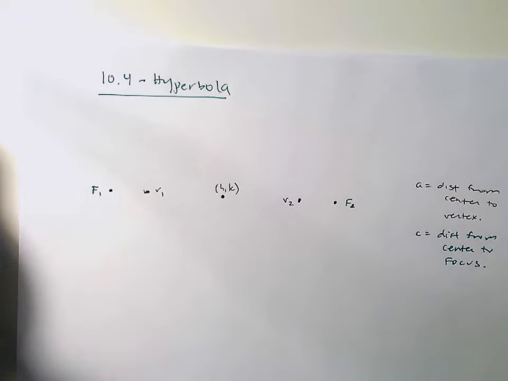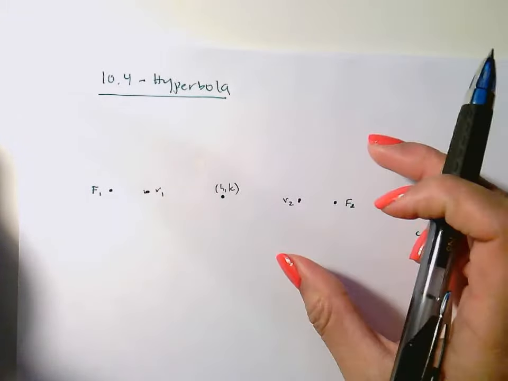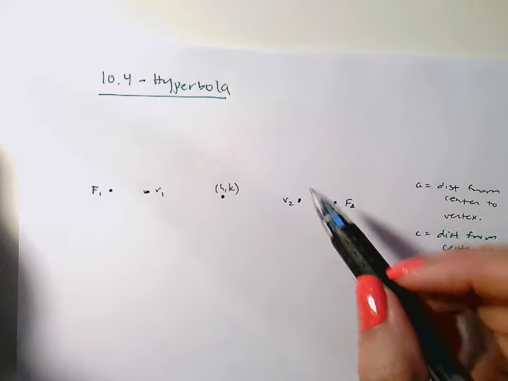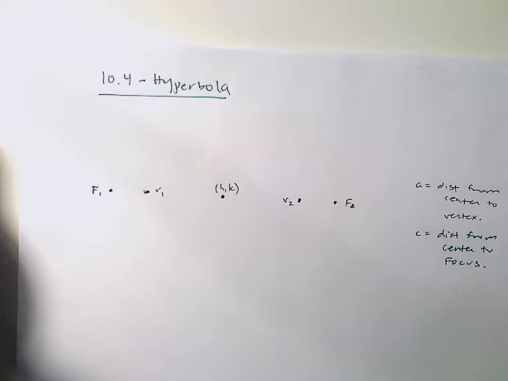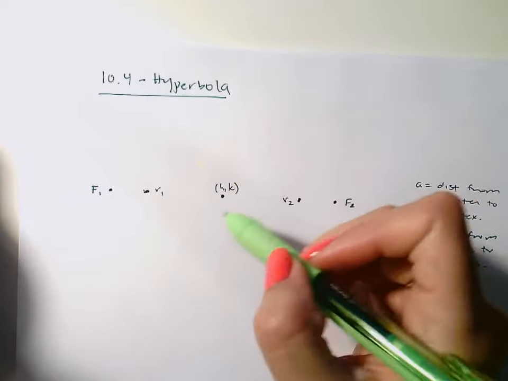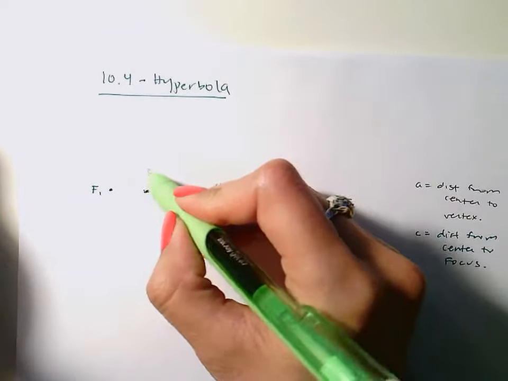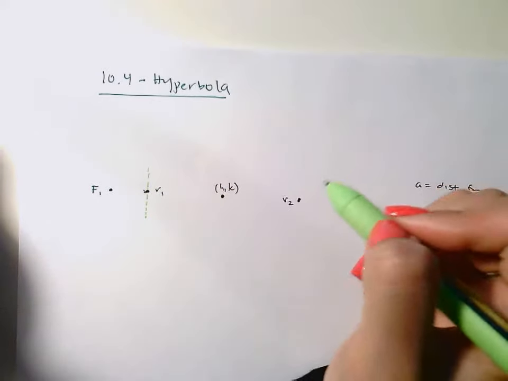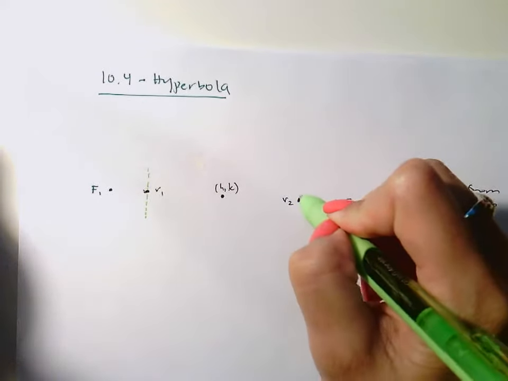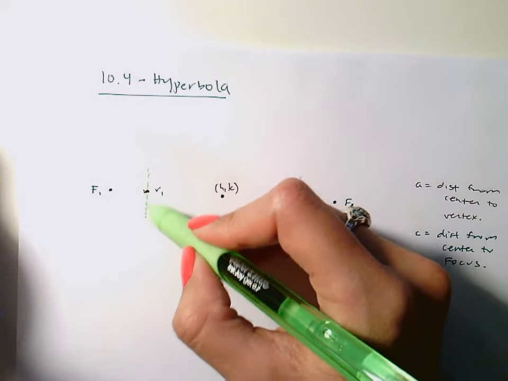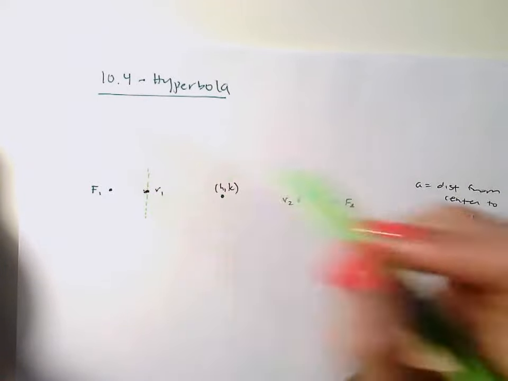How do we determine how wide my hyperbola is going to be? In order to determine that, we're going to need something called a fundamental rectangle. Let's draw a fundamental rectangle. This fundamental rectangle is going to touch the vertices, and it's going to be centered around them also, meaning the top of the rectangle has to be equal in length to the bottom of the rectangle.